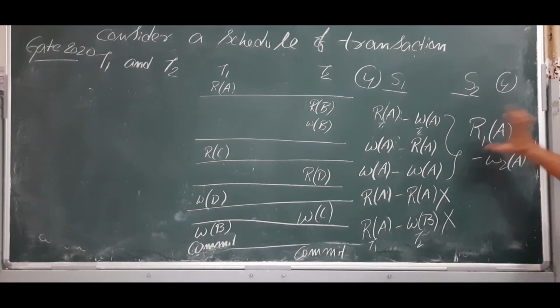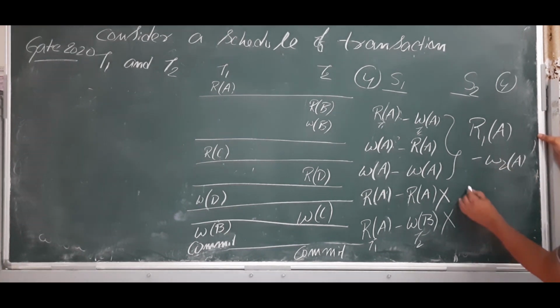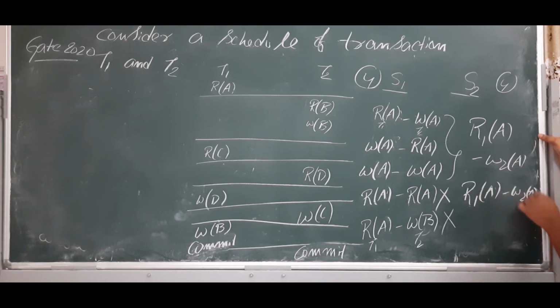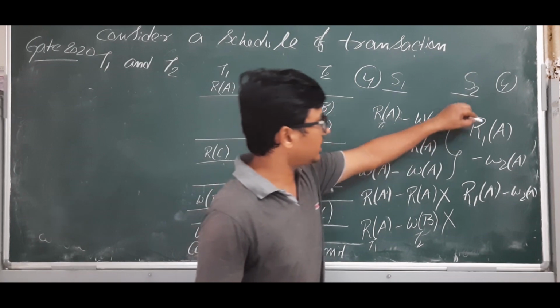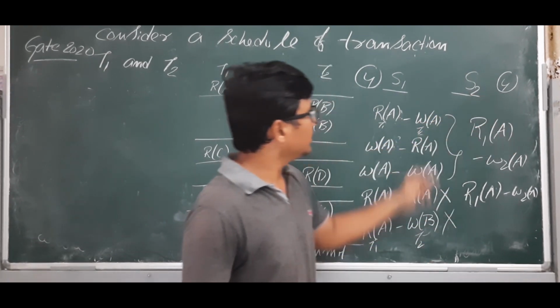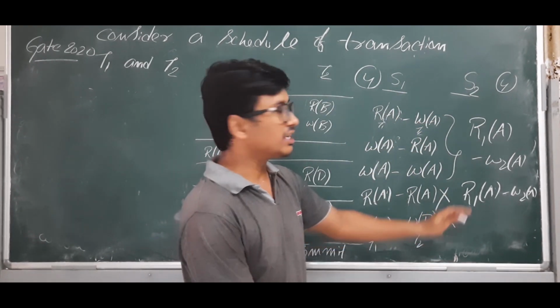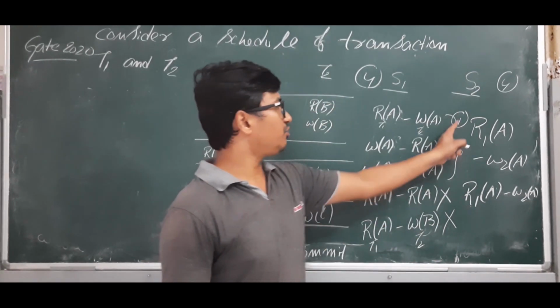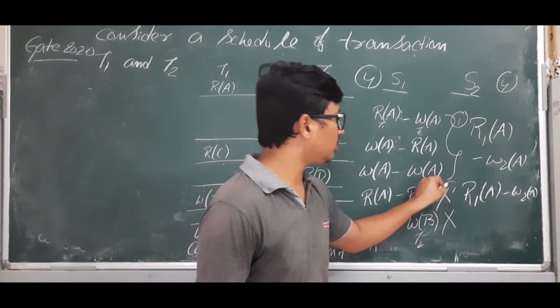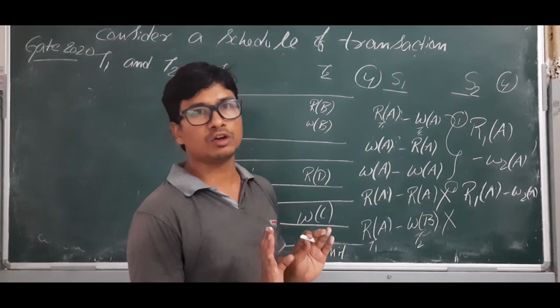If you find one conflict operation like this, then in schedule S2 also you should find the conflict operation like this one. That is, the same sequence should be there. Not that if it is the first conflict operation here, it should also be the first there; we are not talking about that order.